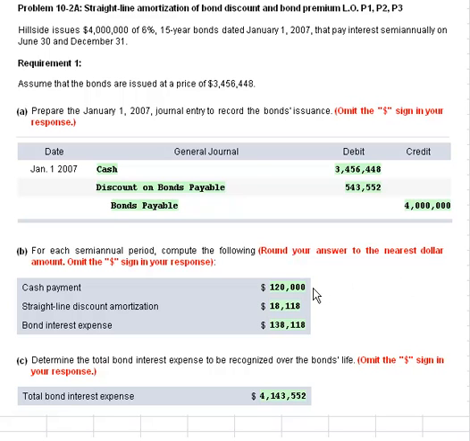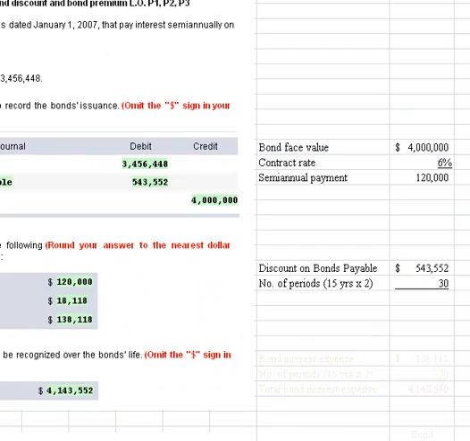The next item we need to calculate is the straight line discount amortization and the bond interest expense. Now I've slid the screen back over again, and off to the right, I'm going to show you how we come up with that $18,118 straight line bond discount amortization.